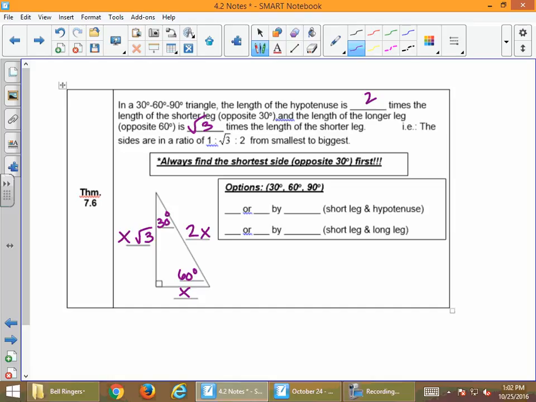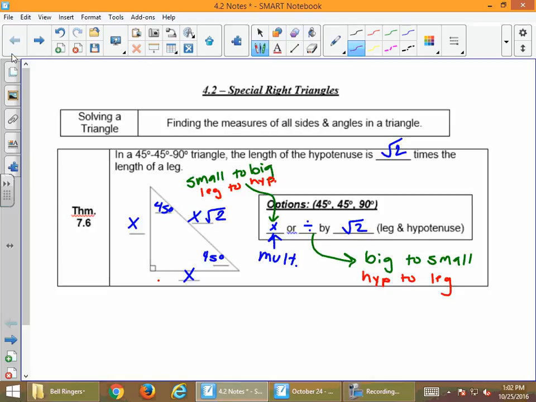Questions over there? We'll do more examples of this. You don't have to worry about memorizing these triangles. You don't have to worry about memorizing this diagram. You're going to be given them. So you just have to be able to look at the diagram and recognize, well, do I need to multiply or do I need to divide?